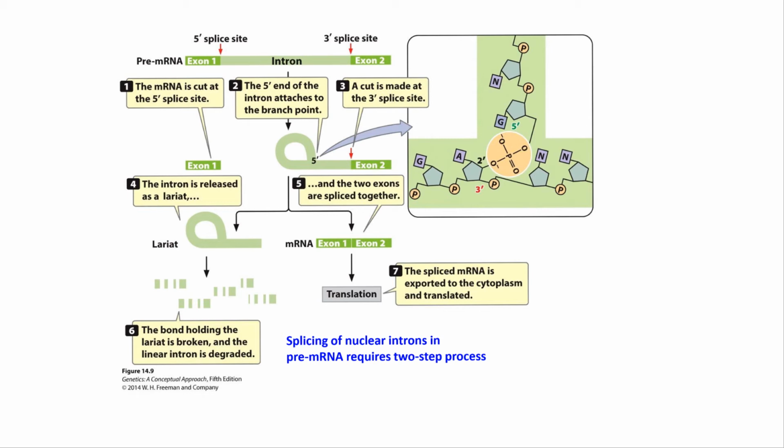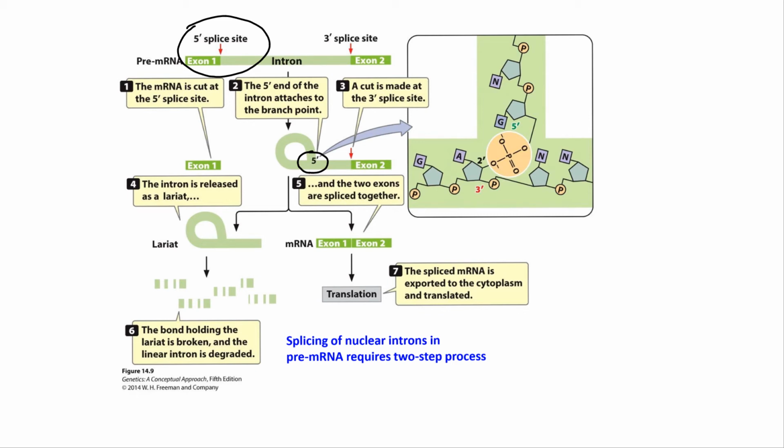It usually proceeds in 2 steps. In the first step, the 5' end of the intron is cut, and this 5' cutting releases exon 1 from the intron. The 5' end of the intron attaches to the branch point adenine via transesterification reactions.